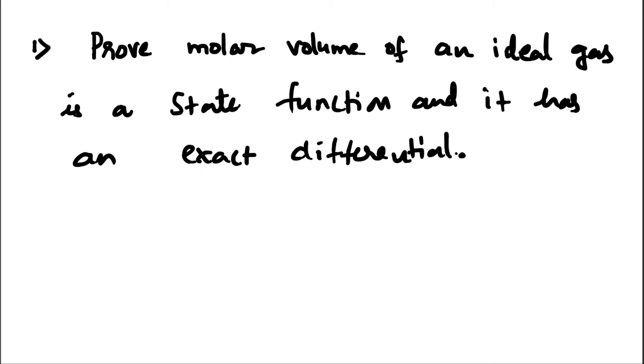So what is the molar volume? Molar volume is the volume occupied by 1 mole of the gas. So for an ideal gas, let's take the equation of an ideal gas, that is PV equal to nRT.